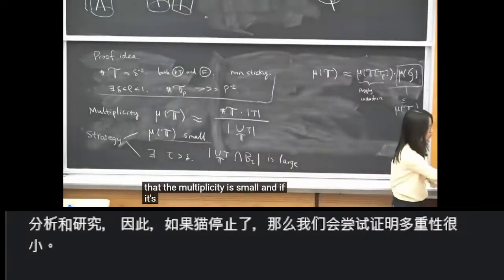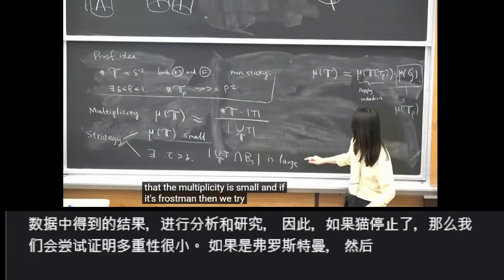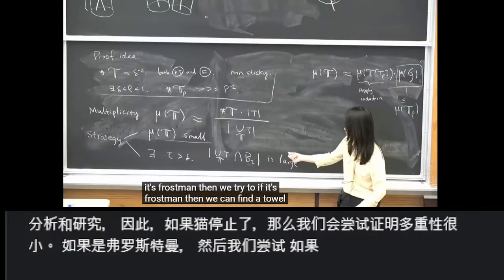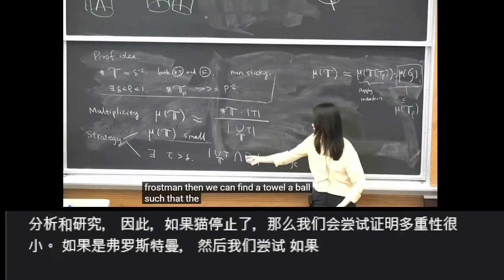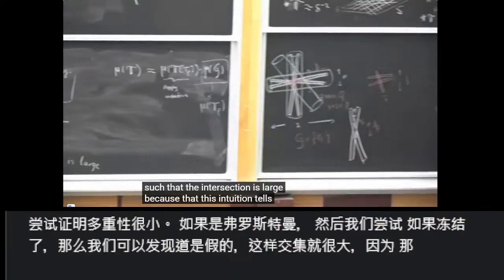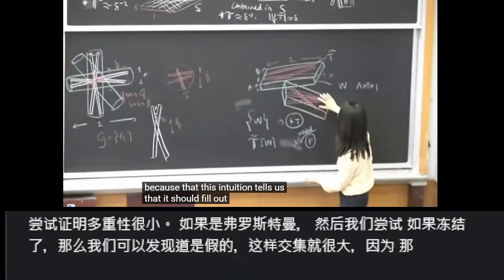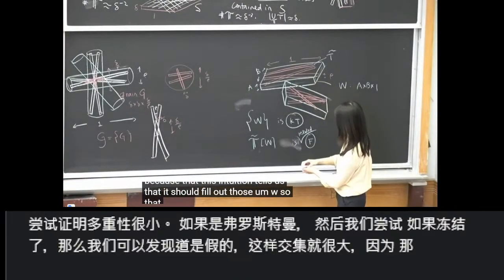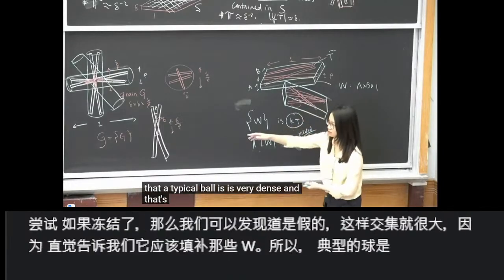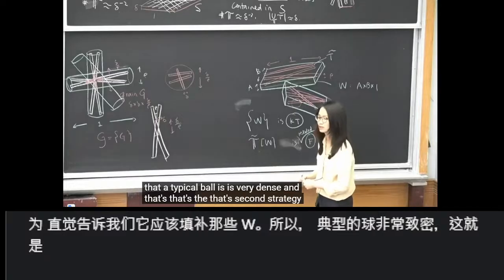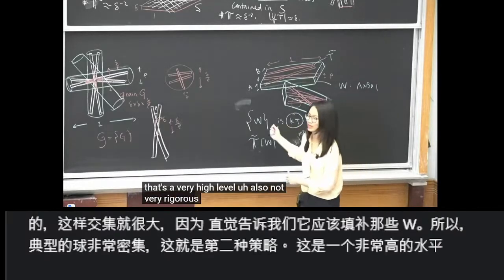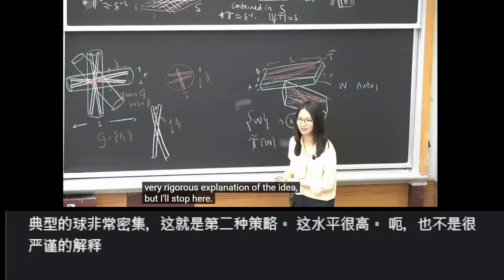If it's Frossman, then we can find a tau ball such that the intersection is large, because this intuition tells us that it should fill out those W, so that a typical ball is very dense, and that's our second strategy. That's a very high-level, not very rigorous explanation of the idea, but I'll stop there. Thank you.